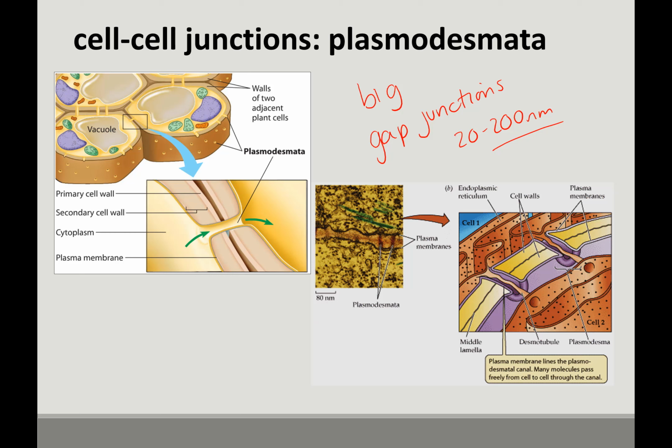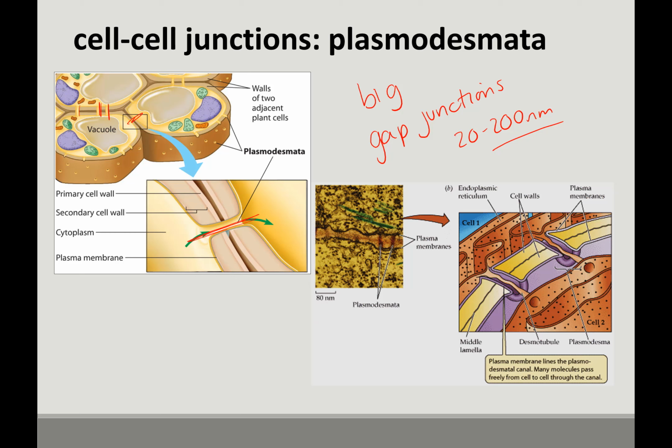So they connect plant cells, and this is important because remember, plant cells have cell walls, right? So they have this extra rigid layer outside the plasma membrane. So they really need these tunnels, these plasmodesmata, to be able to talk to one another.